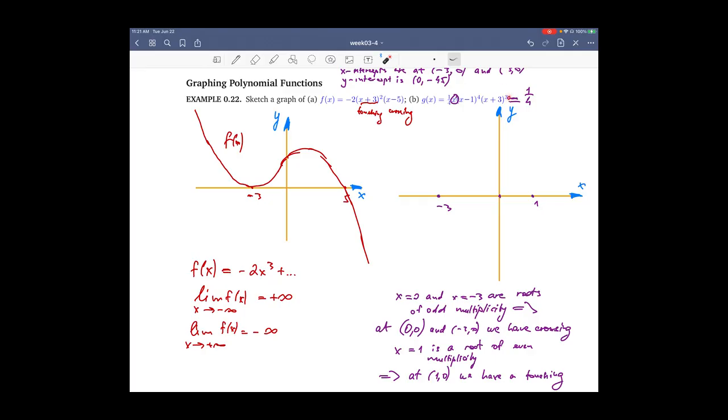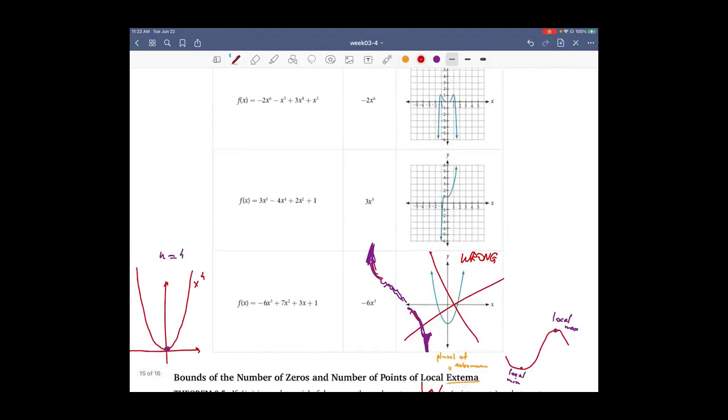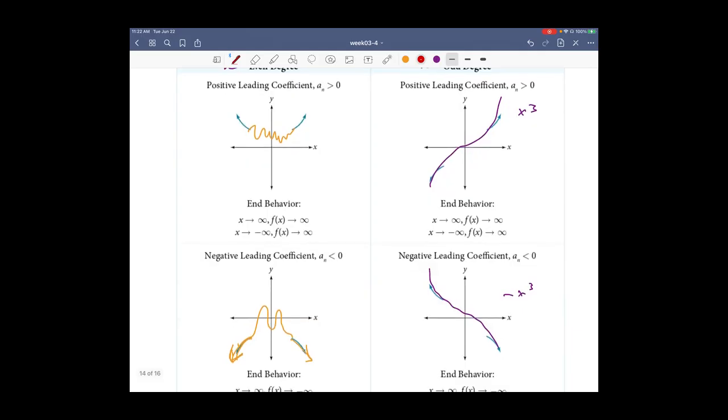Here the highest term would be x to the 3rd power. And so it would have been 1/4 times x to the 4th times x cubed plus terms of degree smaller than 8. And this is 1/4 x to the power 8. 8 is even, 1/4 is positive. We will have a behavior like this.